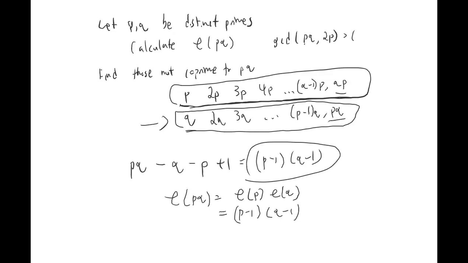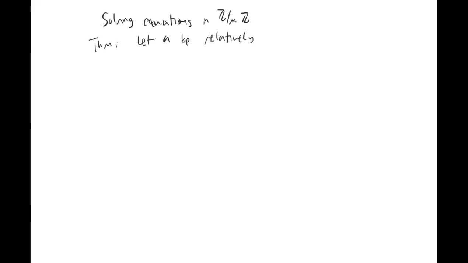Now the next thing would be, what about systems of equations? So solving equations in Z mod mZ. There's a theorem. It says let a be relatively prime, which means coprime, to m.